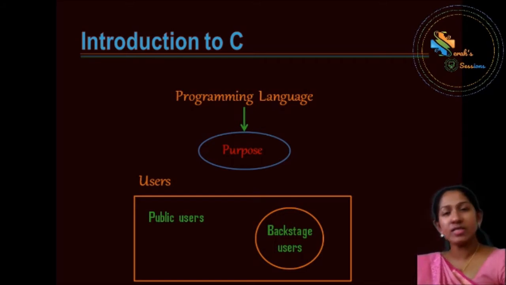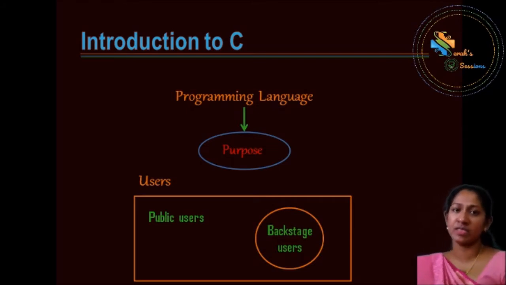So public users are those users who actually utilize the softwares or work on the softwares to make the computer do what they really want to do. The users might have different work that has to be done. And this work will be performed using a computer, using an application software or a system software, softwares basically.